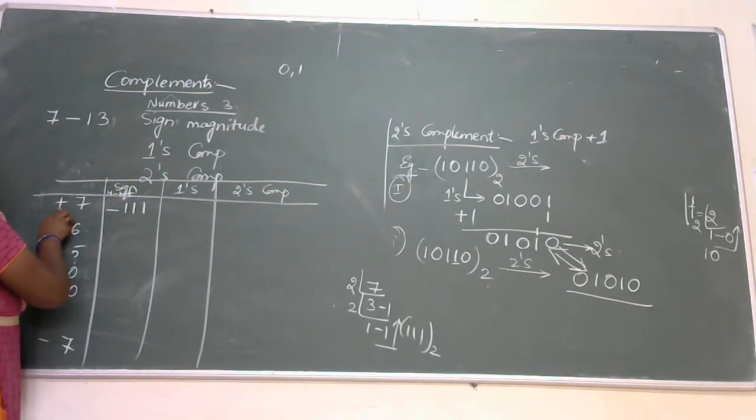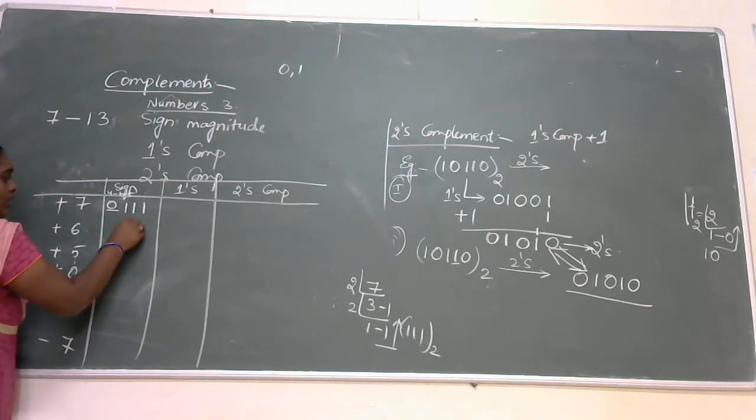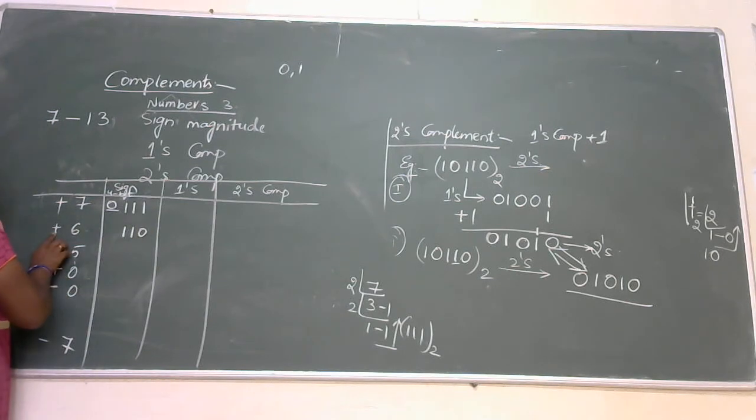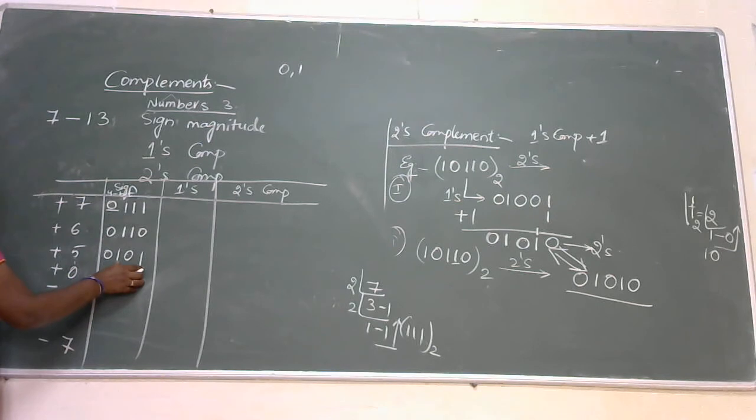As I am representing it as plus, the sign bit should be 0. Similarly, the 6 equivalent is 1, 1, 0, and the sign bit is plus, so it is 0. So for all the positive numbers, I will be getting the sign bit as 0. For negative numbers, the sign bit should be 1.